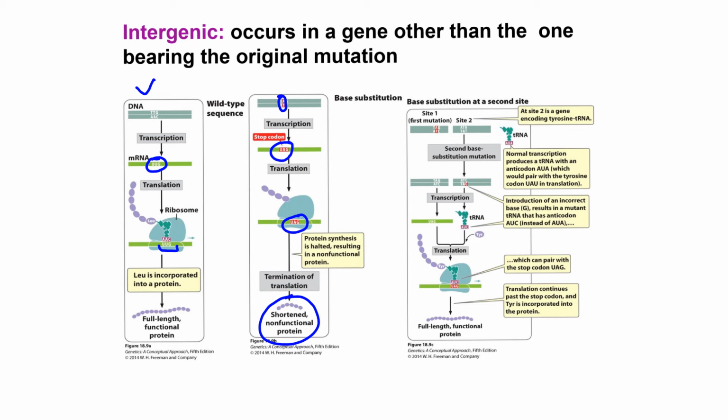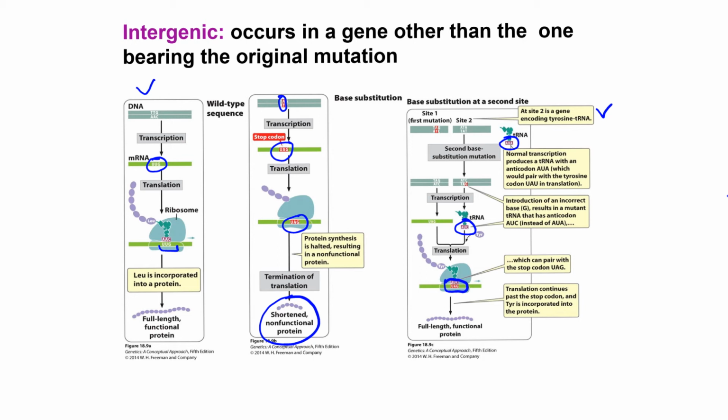Now, where does the intergenic suppressor take place? In the gene which encodes tRNA. Normally, let's say the tRNA which carries tyrosine would have anticodon AUA. Now, this anticodon might change to AUC, and now AUC will actually recognize UAG and will not stop, but will translate.